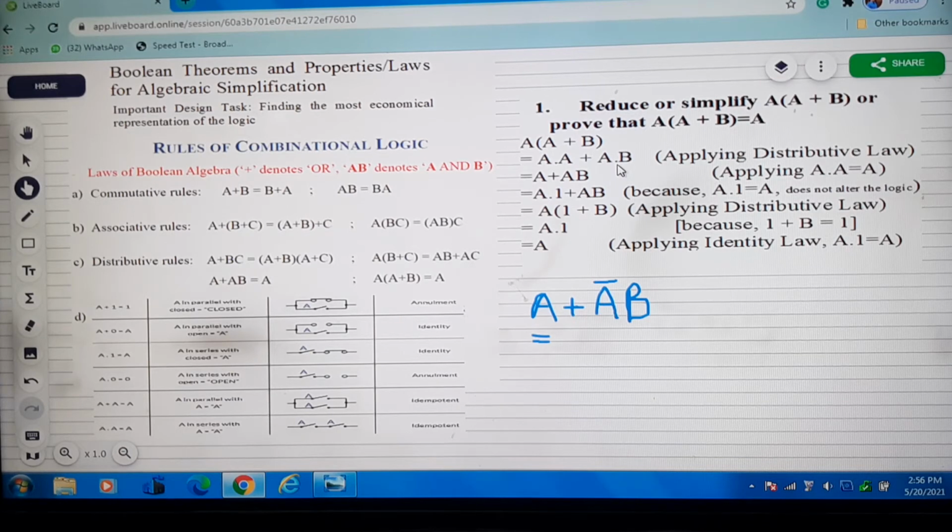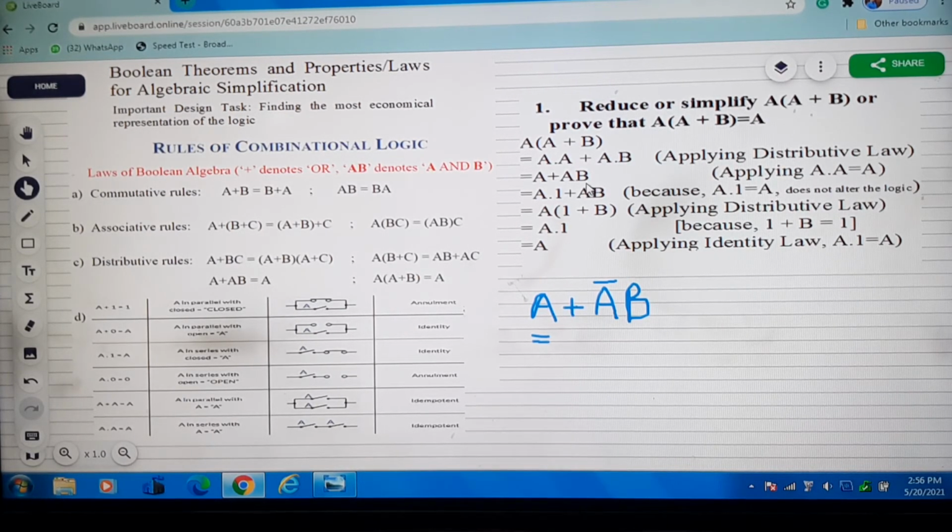Remember, there can be several ways to reach the result. So applying distributive law, we can write it is equal to A dot A plus A dot B. Now, by using the idempotent AND law, which states that A dot A is equal to A, we can write it as A plus A dot B. Now, the first variable A can be written as A dot 1 because A dot 1 is always equal to A. This is the identity AND law.